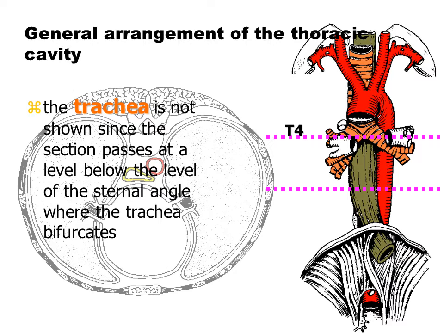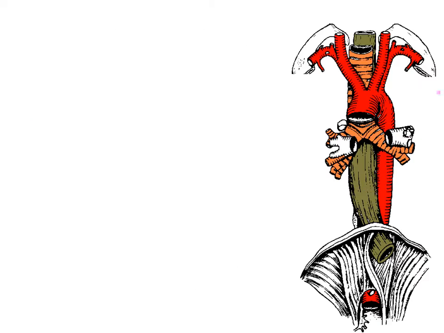So at the level below this sternal angle, the trachea is bifurcated into right and left main bronchus.